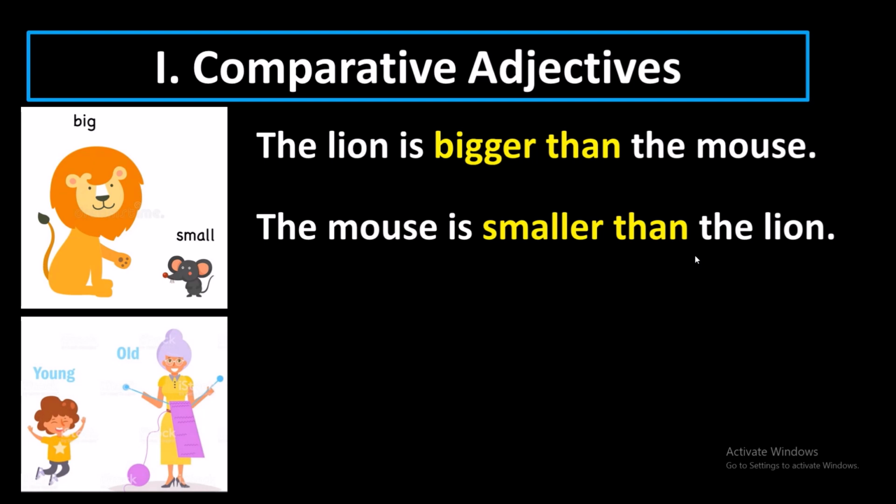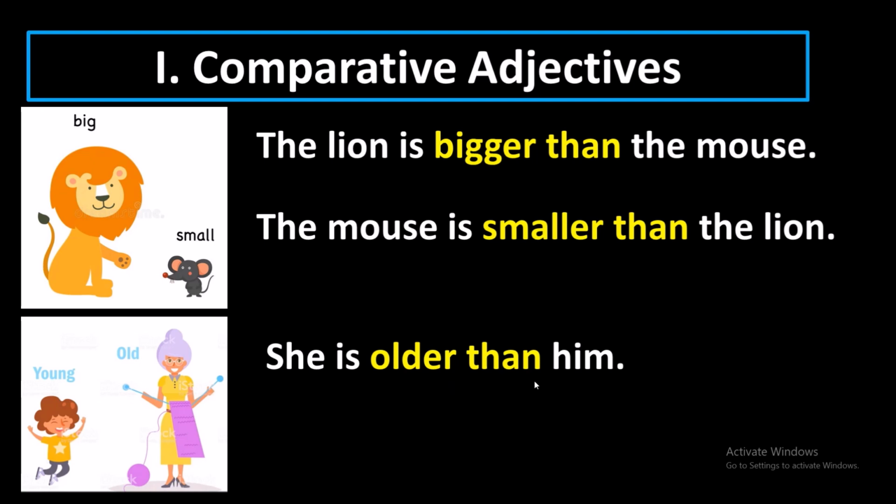Okay, let's go to some more examples. You see the picture here, the young boy and the old lady. So what are you going to say about this picture? She is older than him. You see, she is old and he is young, so it means she is older than him.